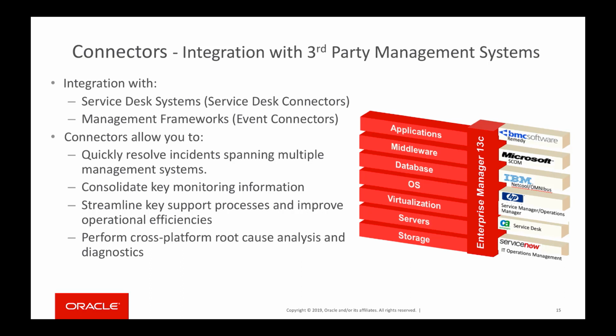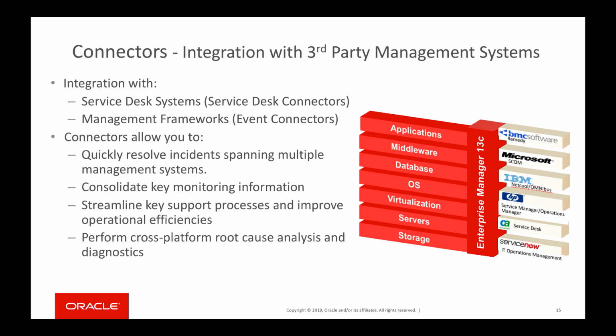Another type of connector is an event connector that connects with event management vendor products. This type of connector allows EM to forward events to third-party management systems so that they can process the event information however they want, such as feeding data to their own applications, or running their own corrective actions to fix a problem.